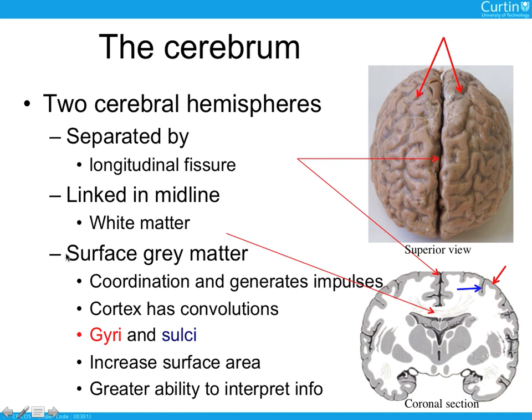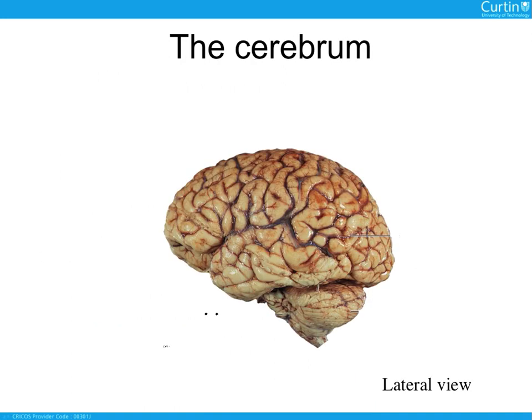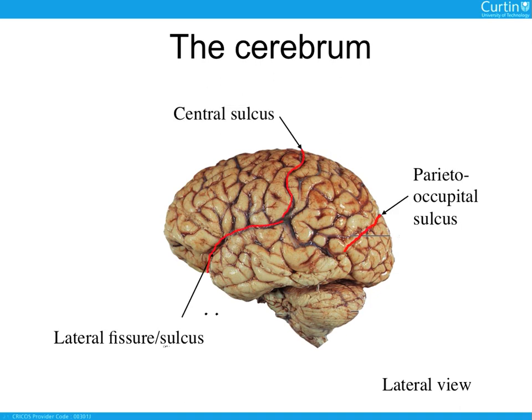Okay, gyri and sulci. So let's talk about the cerebrum. Here's the cerebrum, and let's start overlaying the different lobes that we have here. Dividing the different lobes are sulci. All of these different sulci, believe it or not, are actually named, but the only ones that I want you to know are the central sulcus here, the lateral sulcus or lateral fissure.